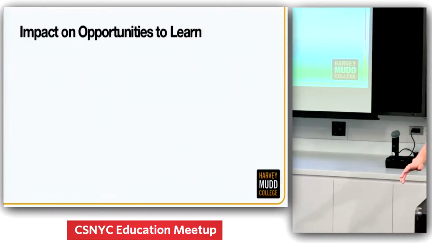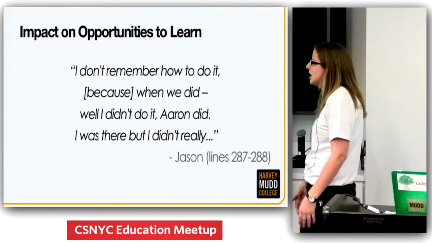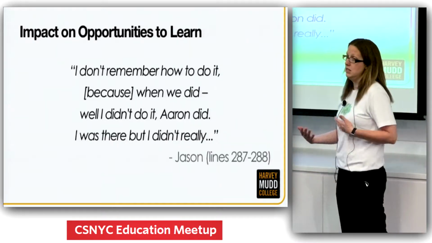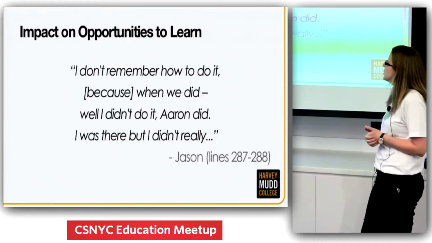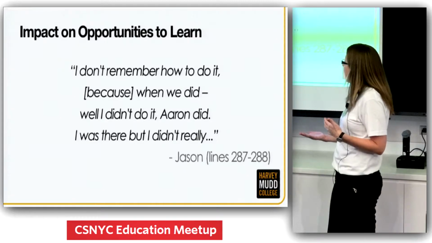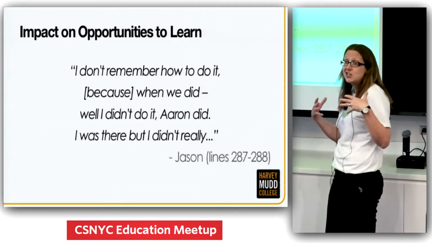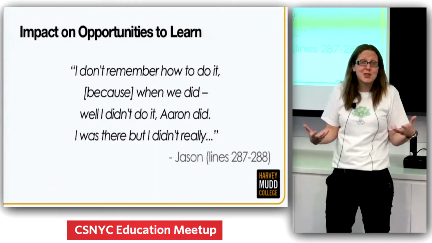This next part I don't do super well with. Jason, the next day, is talking to Neryl, who was one of the teachers as well, and says, I don't remember how to do it because when we did it, well, I didn't do it. Aaron did. I was there, but I didn't really. And he kind of trails off. It's like, right, these are our students, you know what I mean?